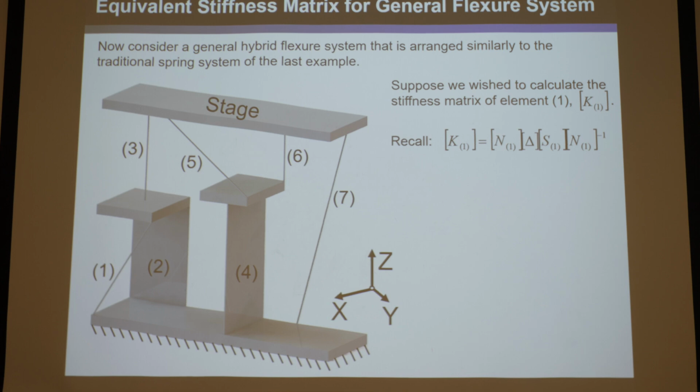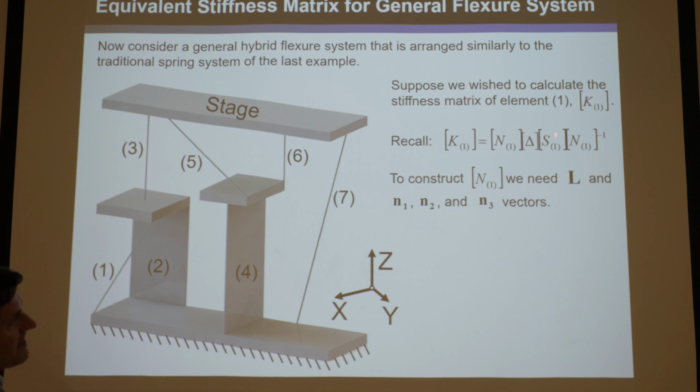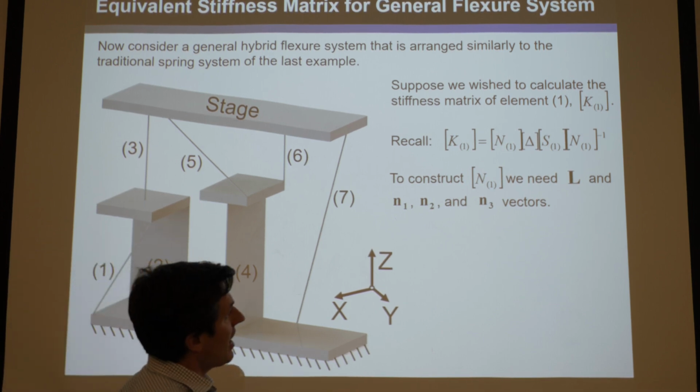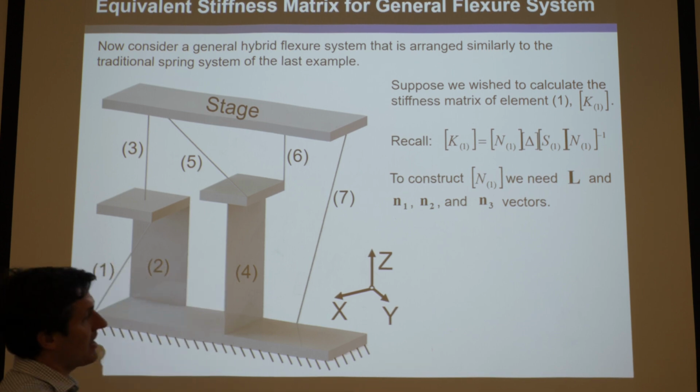Okay, and the way you would do it is, you know how to find delta, that's given. You know how to find the S, that's from our convention of the single rectangular prism. Okay, but how do you find N1 and N1 inverse?